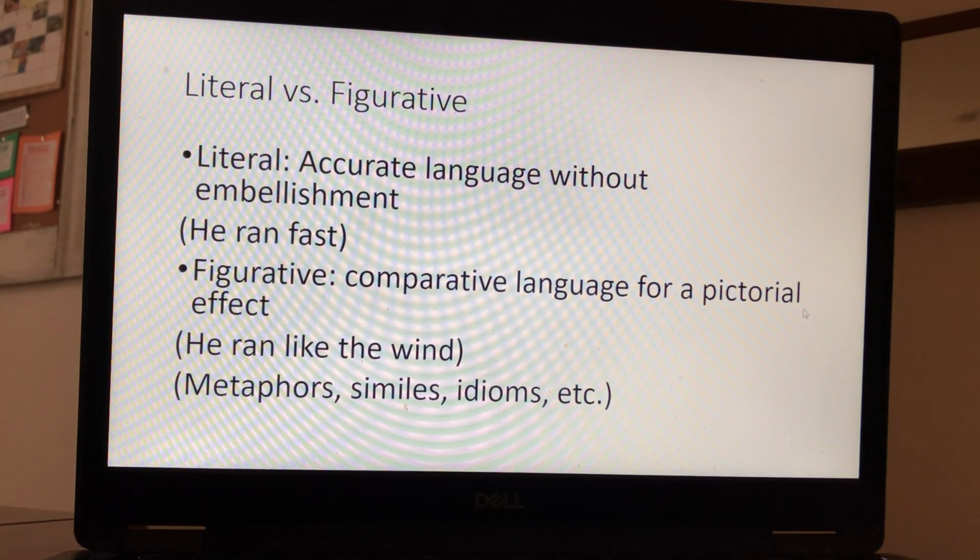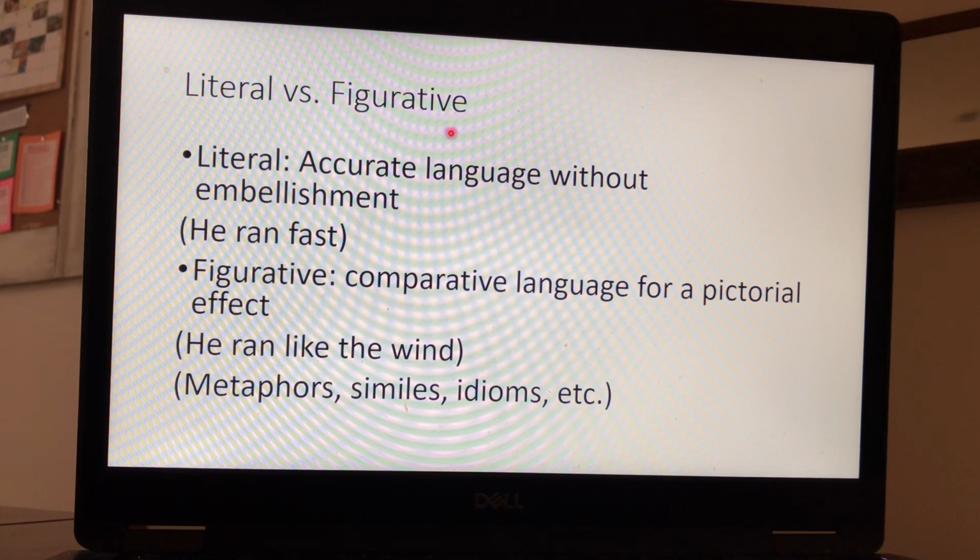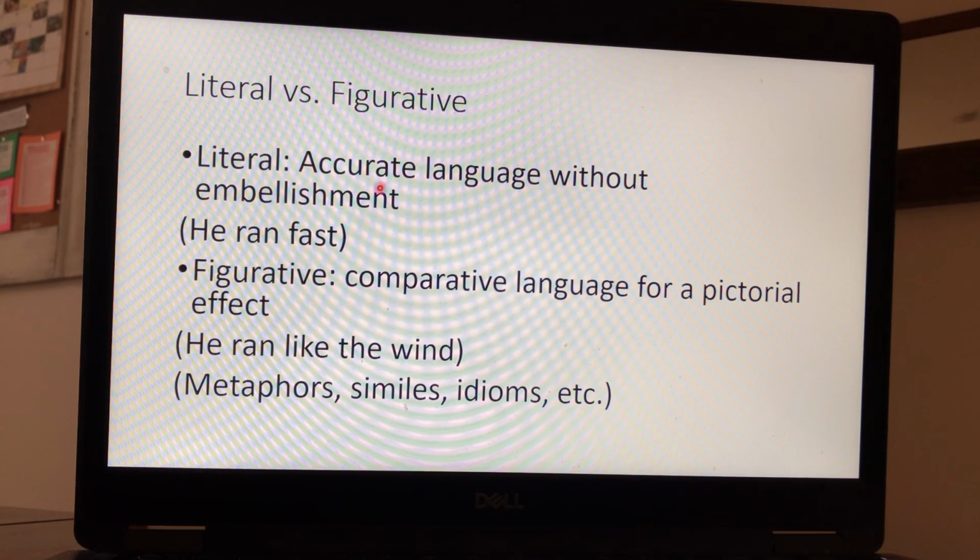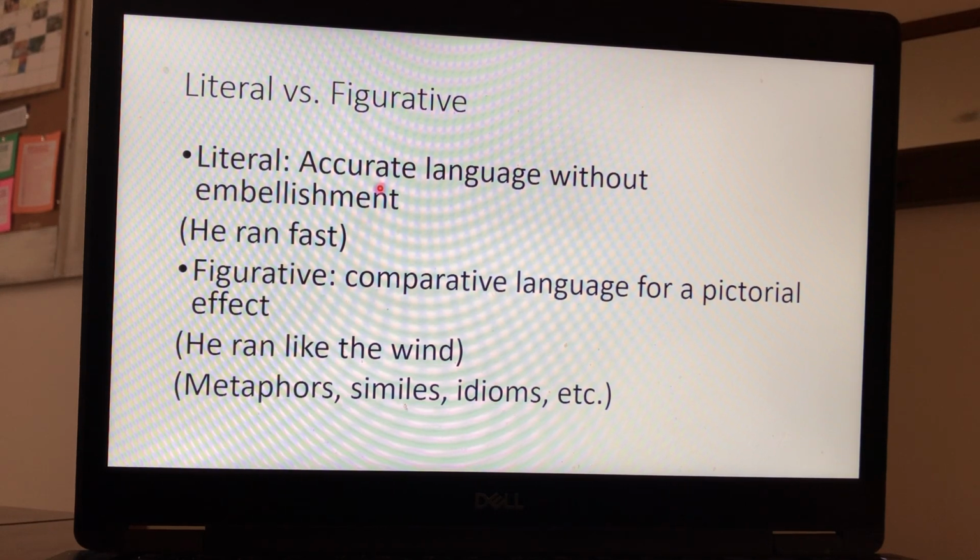The next one we have, this should be a little bit of a review, is literal versus figurative language. Literal language, right, is very straightforward. It's accurate language. They're not trying to embellish or exaggerate anything. He ran fast. Good, he's running fast. Whereas maybe you're reading a passage that has more figurative language. He ran like the wind. It includes more metaphors and similes and idioms to make it sound maybe a little bit more poetic as well.